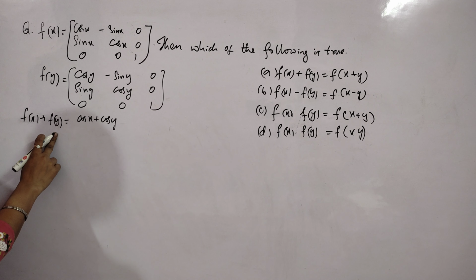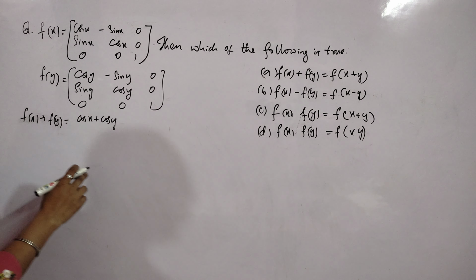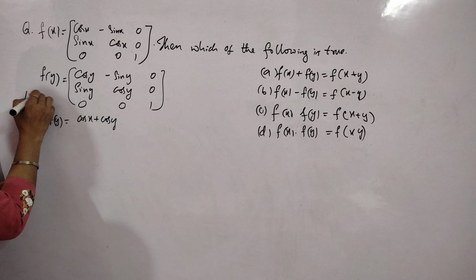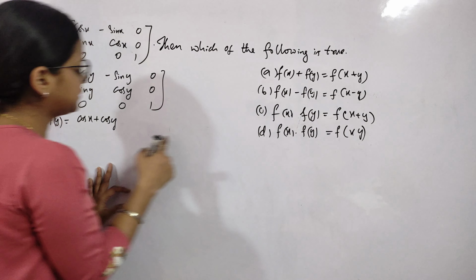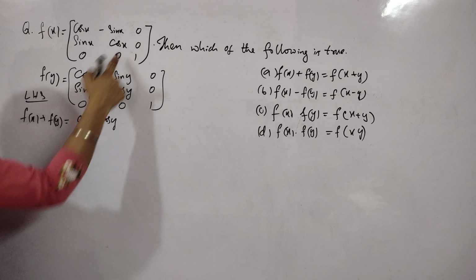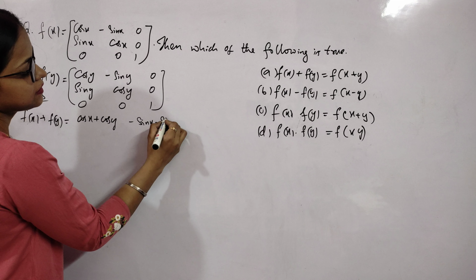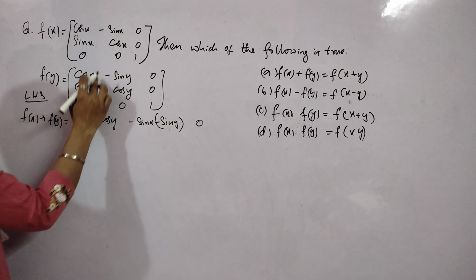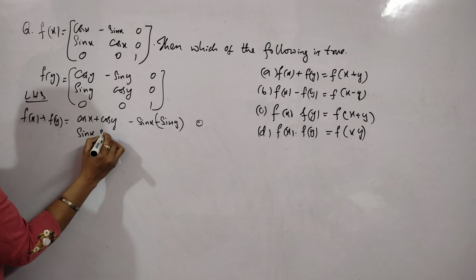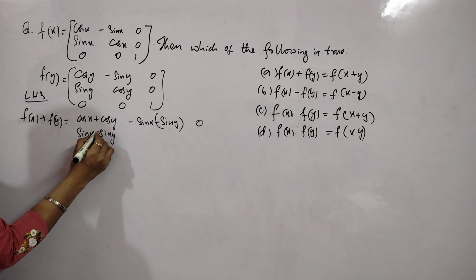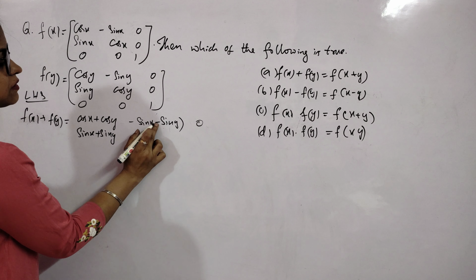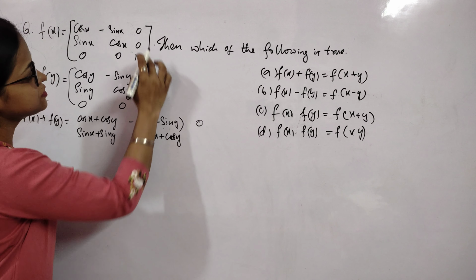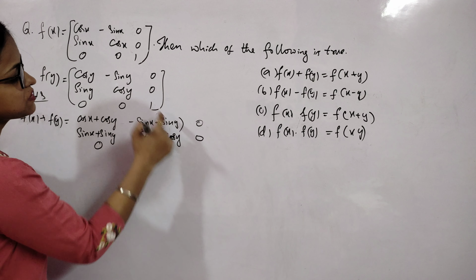So cos x plus cos y, then minus sin x minus sin y, then 0 plus 0, and here sin x plus sin y, and cos x plus cos y, and then 0 plus 0, 0, 0, and here 1 plus 1, we are getting 2.